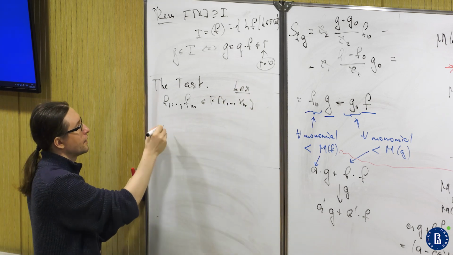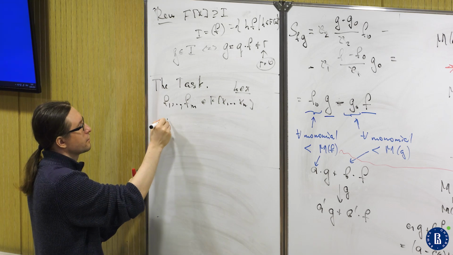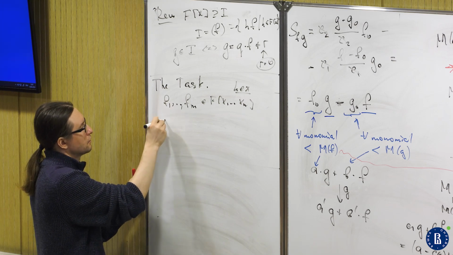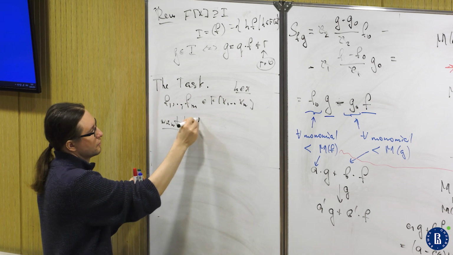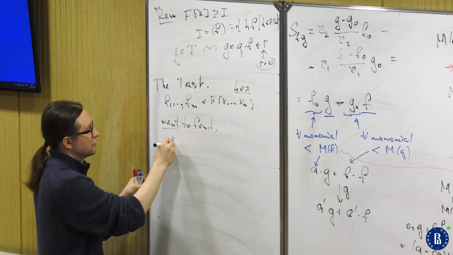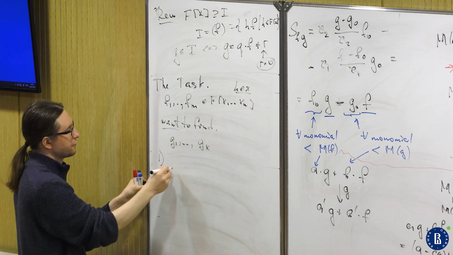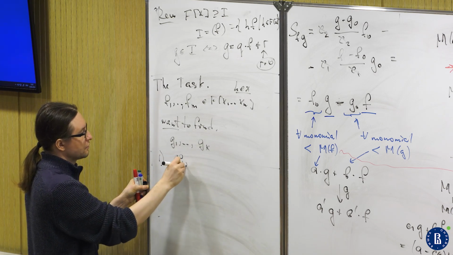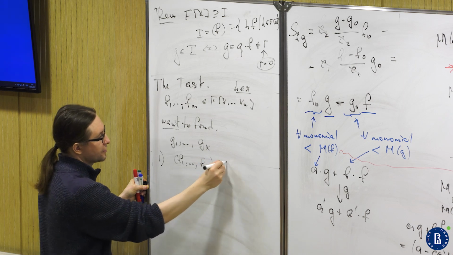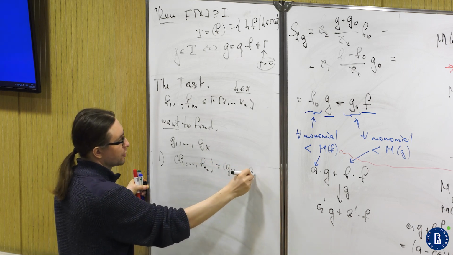Now, you want to find another set G1, ..., Gk, such that, first of all, the ideal generated by f1, ..., fm is equal to the ideal generated by G1, ..., Gk.